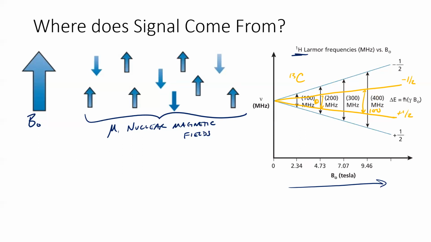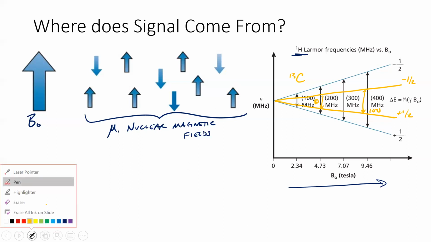So, in any case, we have these different magnetic field directions, and the way that we determine how much signal we're going to get is by how many of those nuclei are in the excited state, right?